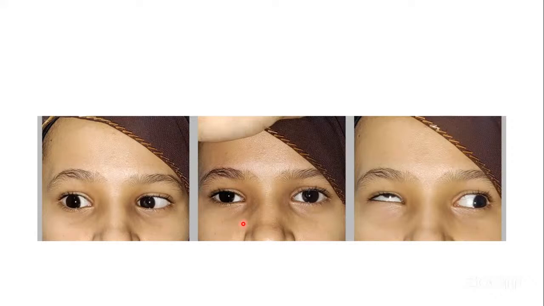In summary: anomalous head posture, horizontal deviation in primary position, severe globe retraction, severe upshoot or downshoot. Those are the four indications for surgery.